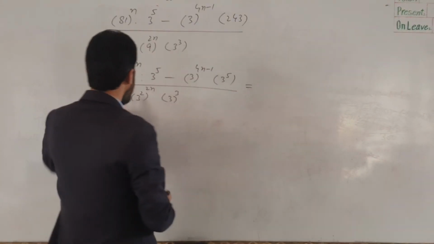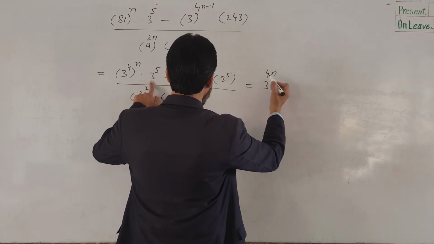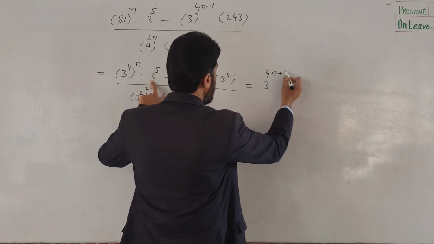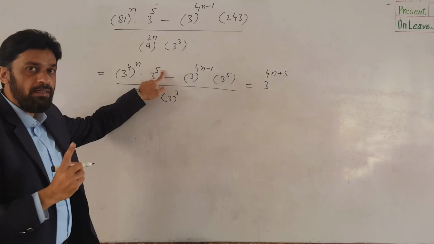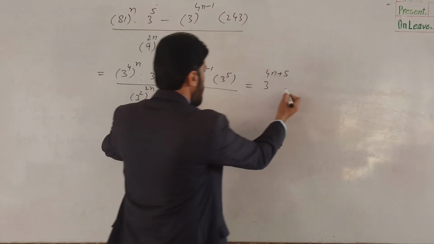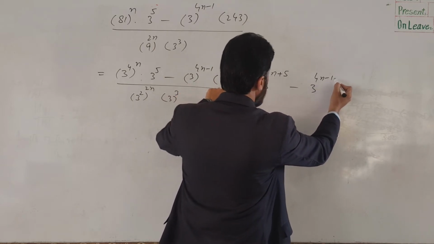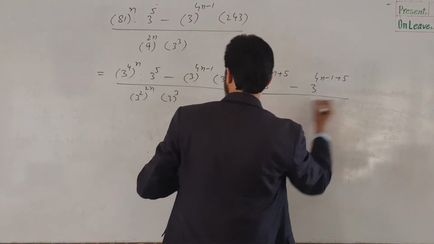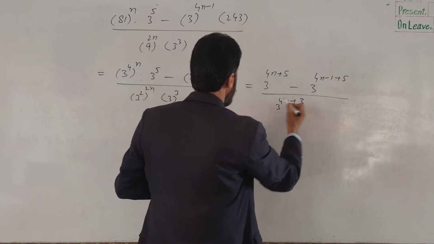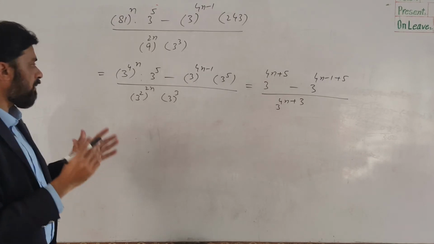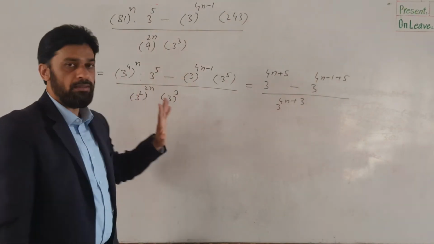That is equal to 3 raised to power 4n plus 5, since when bases are same, their exponents are added, minus 3 raised to power 4n minus 1 plus 5, over 3 raised to power 4n plus 3. The same laws are being applied in all these three terms.